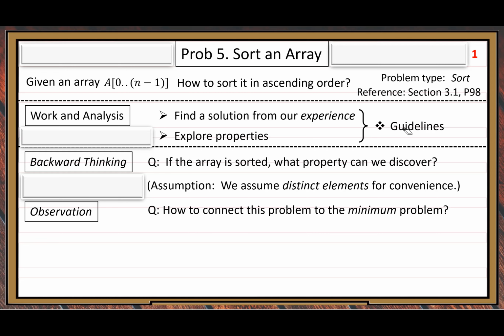You need to find the main property, the critical observation here. What's that? Look at it. This is an array in ascending order. How do you connect? Right now, this is the result. Backward thinking. That's the destination, the final state of the sorting. But can you connect this to our minimum problem?